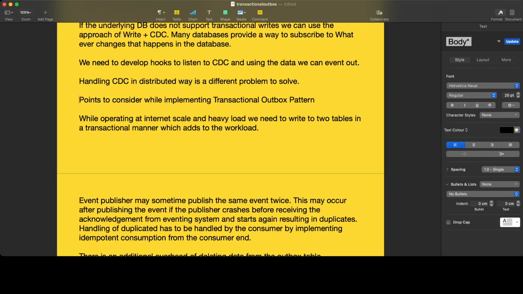But think of a sale day, where transactions need to be lightweight: instead of writing into one table, we are writing to two tables. This becomes a somewhat heavy transaction. I'm not saying this is bad or good, but we need to be considerate and give careful consideration to this while implementing the transactional outbox pattern.